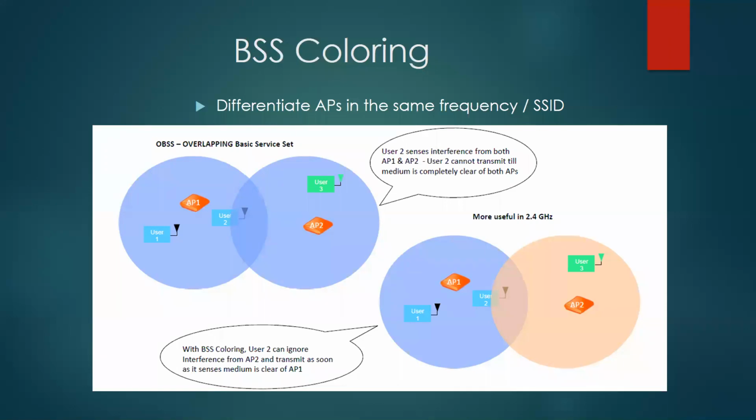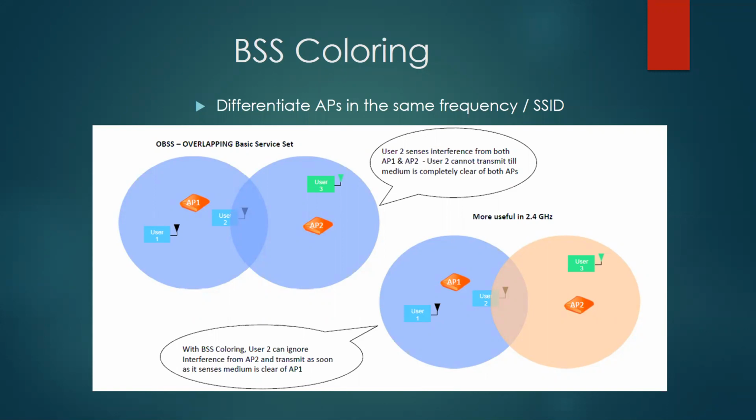Those users can probably see both APs. At that point, if there are overlapping channels, they have to wait until everything is clear from AP1 and everything is clear from AP2 to talk to whatever AP they're connected to.